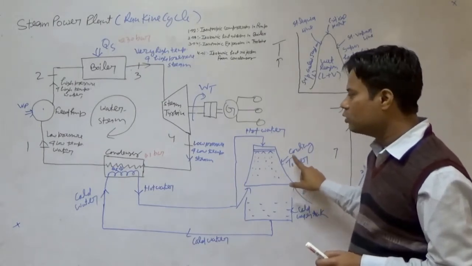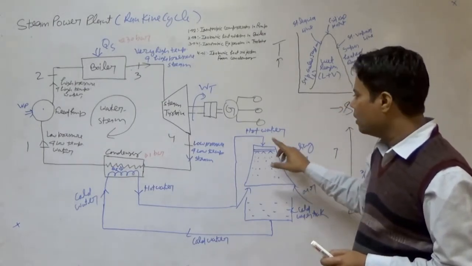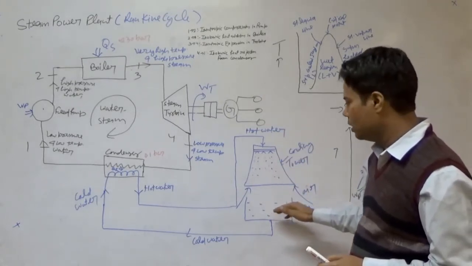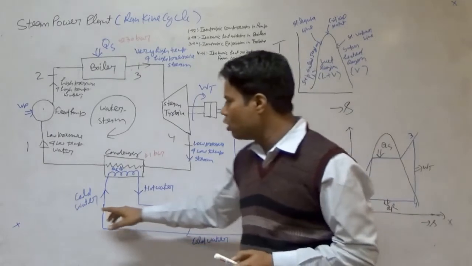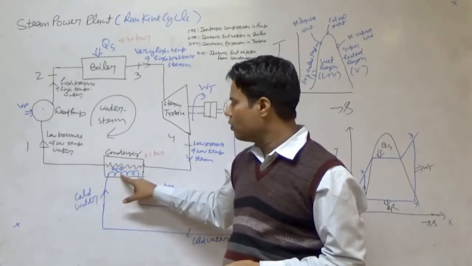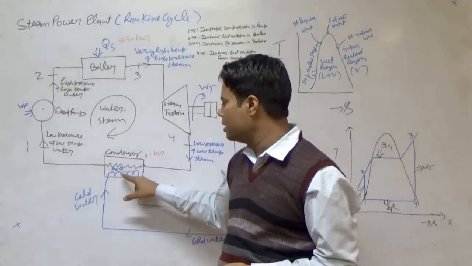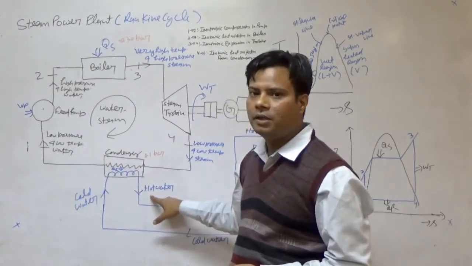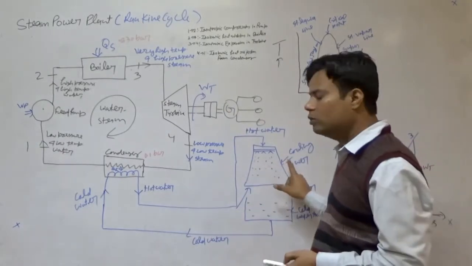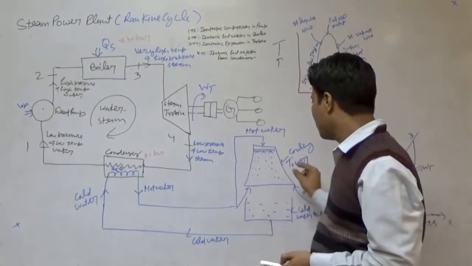The cooling tower is a device which converts hot water into cold water. The cold water coming from the cooling tower picks up the heat rejected by the condenser, the water becomes heated, and this hot water is supplied back into the cooling tower.